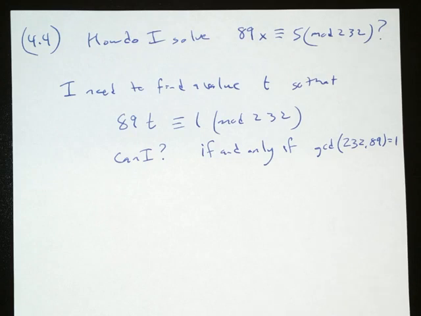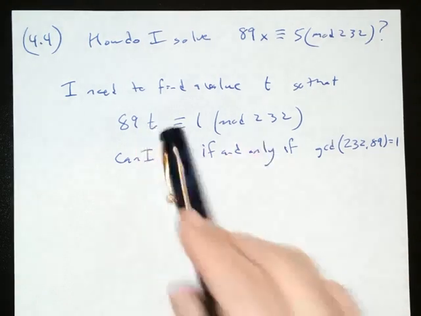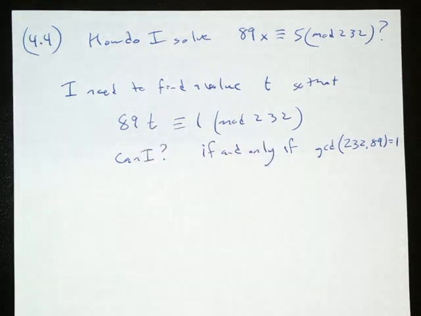So when I'm trying to solve an equation involving modular arithmetic, my goal in solving this is to find a number that effectively divides by 89.